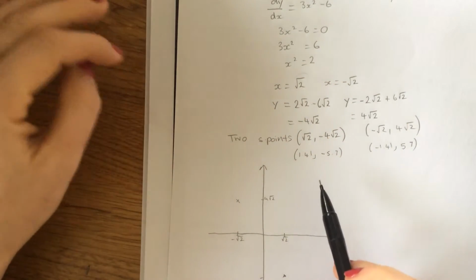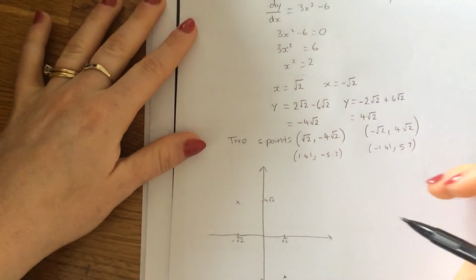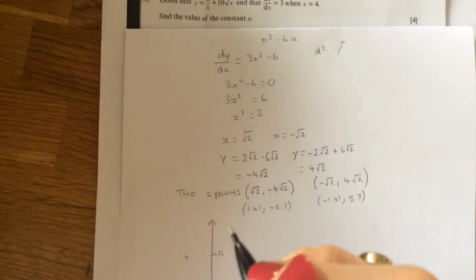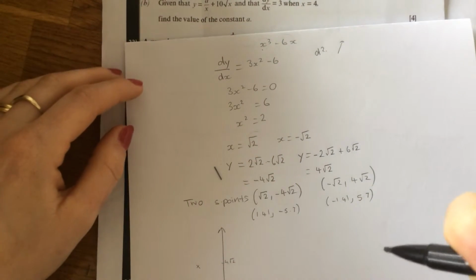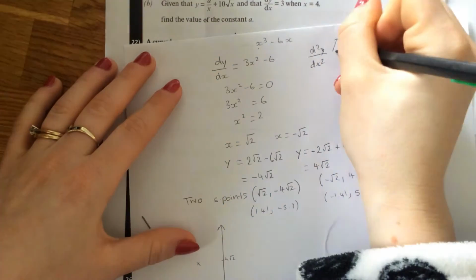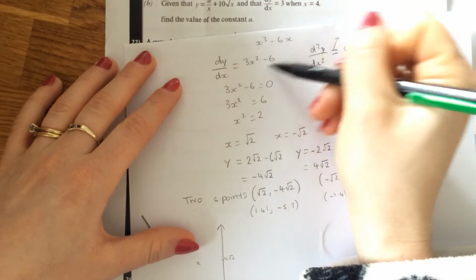Now we can look at whether they're maximum or minimum points by finding the second derivative, which is going to be 6x by just differentiating this.